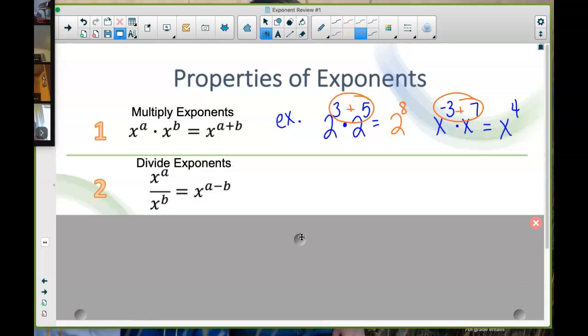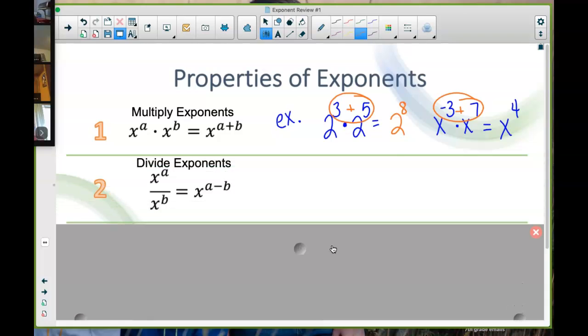Here's another one: dividing exponents. If you have x to the a power over x to the b power, here's where we subtract the exponents. It becomes x to the a minus b. I'll give you a minute to finish writing that, and then we'll do a couple of examples.